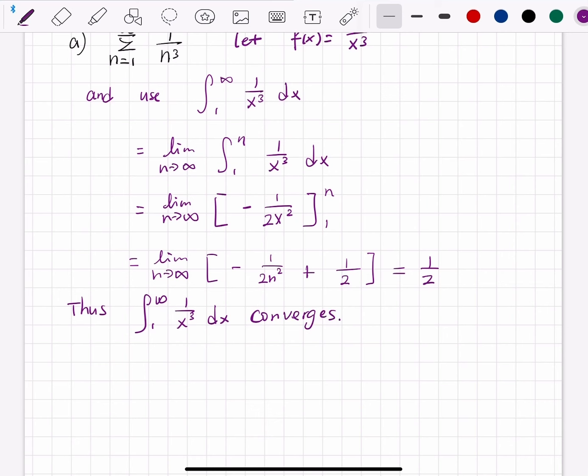So the integral converges, and so the series also converges.